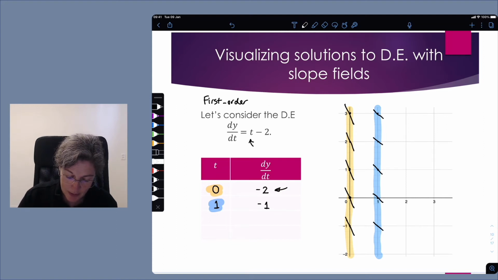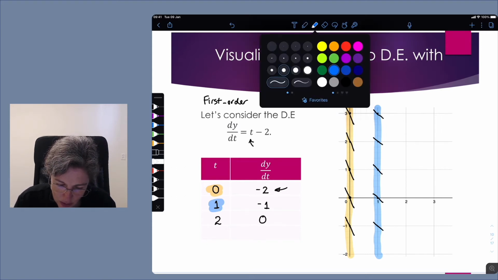Let's keep going. So now we're going to think about what happens at time t equals 2. Well, when we plug in 2, the slope of my tangent is going to be 2 minus 2, so my slope is going to be 0. So let's have a sketch.